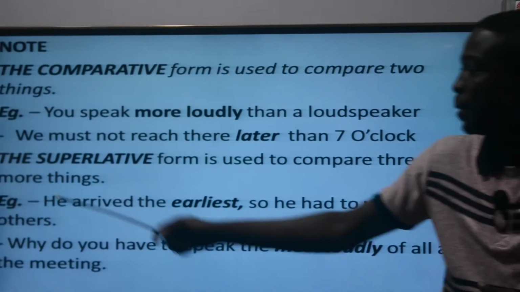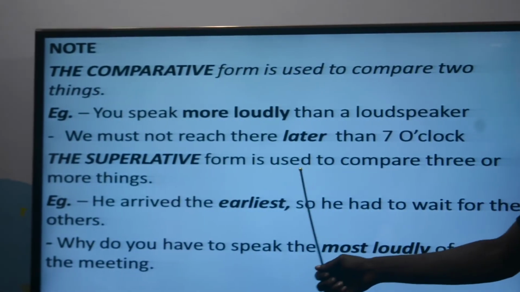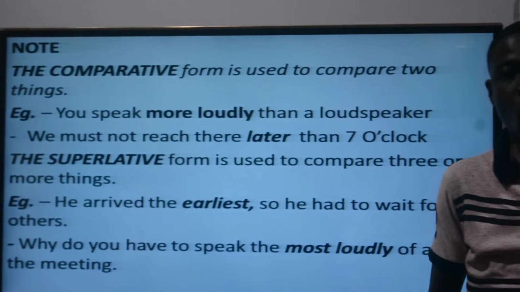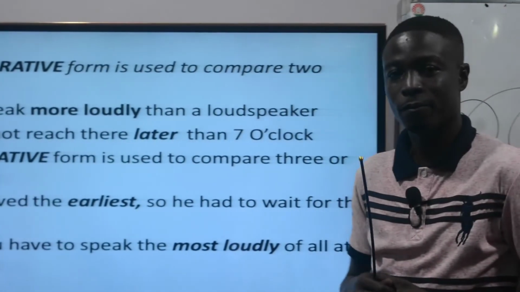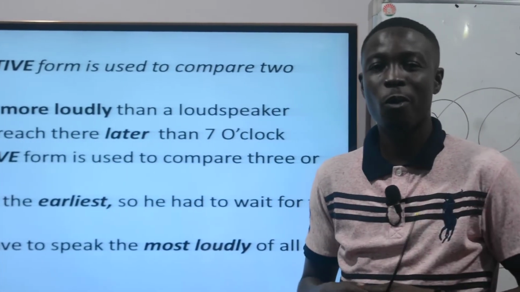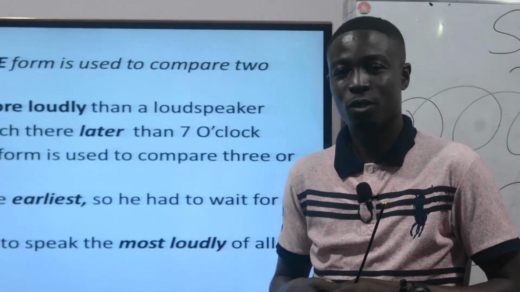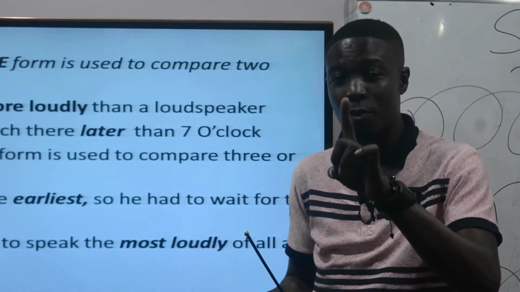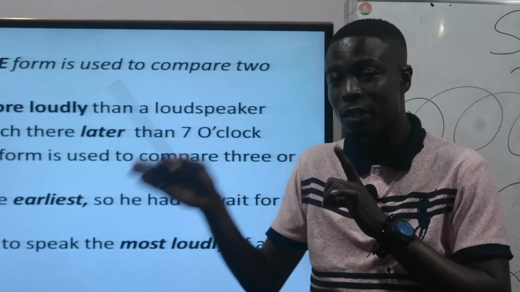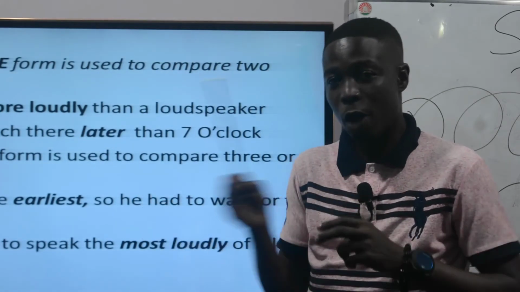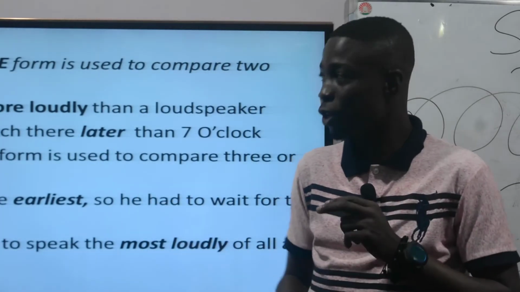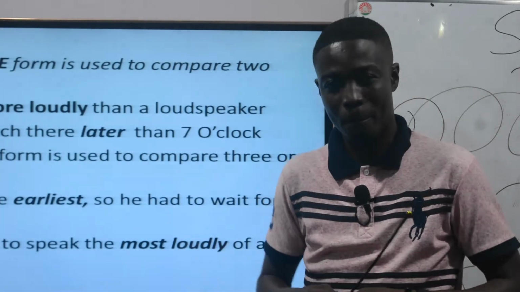All right. And then the superlative form is also used to compare three or more things. So, when it is only one thing we are describing, we use the positive form. When we are comparing only two things, we use the comparative form.